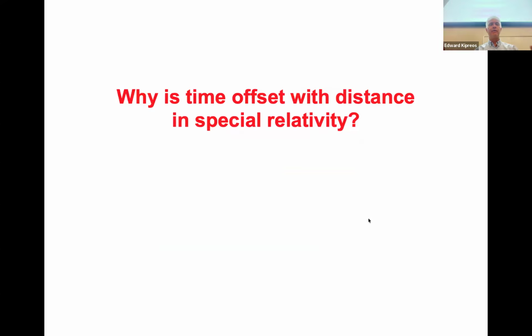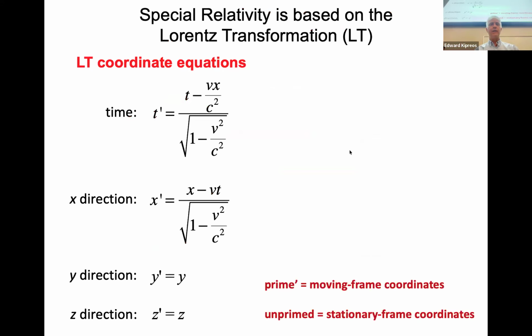Okay, so you can ask yourself, why is time offset with distance in special relativity? And to understand that, we have to go to the basis of special relativity, which are these 4 Lorentz transformation equations. Everything comes out of these 4 equations. So these are the LT coordinate equations.